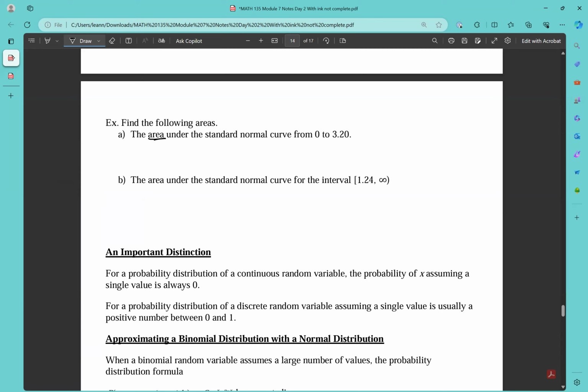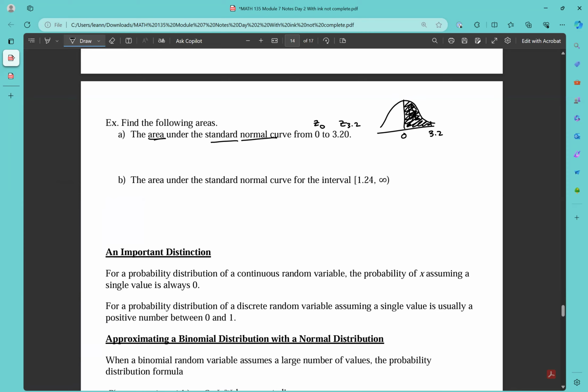Find the area under the normal curve from 0 to 3.2. So they're already telling you they are in the standard normal curve. That means these are the z-scores. This is z of 0 and z of 3.2. So this is just directly reading off the chart from 0 to 3.2. Remember, I draw the 3.2 far out because 3 is almost at the very edge of the tail before it heads towards the infinity.